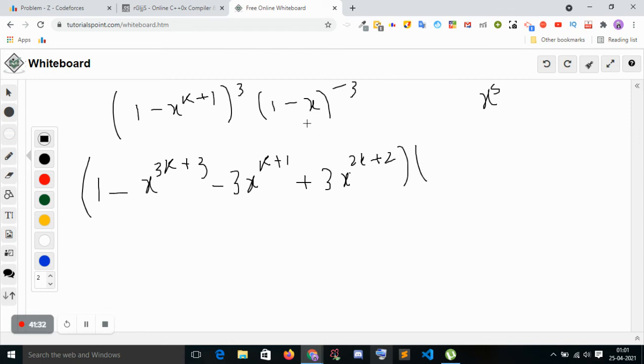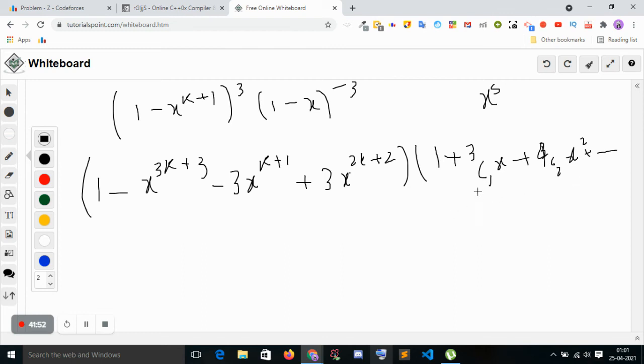Solving the other part, this will become 1 plus 3c1 x plus 4c2 x squared plus and so on.